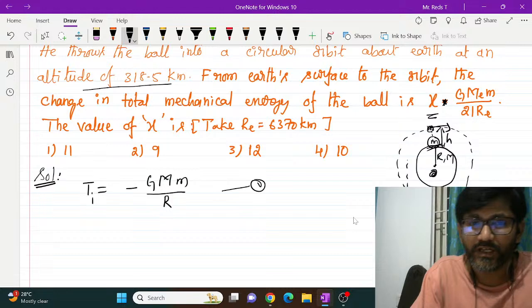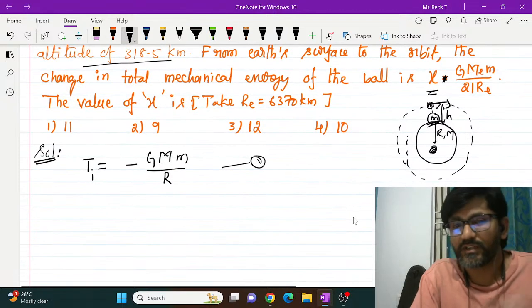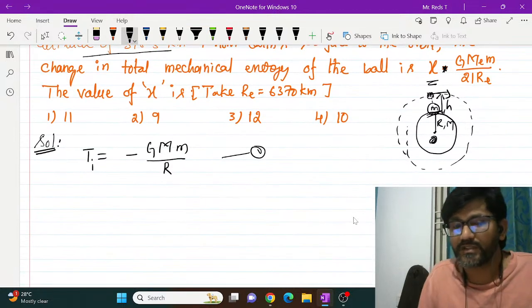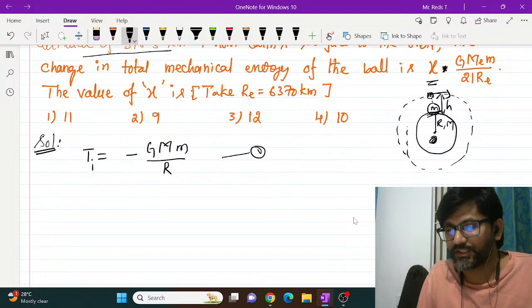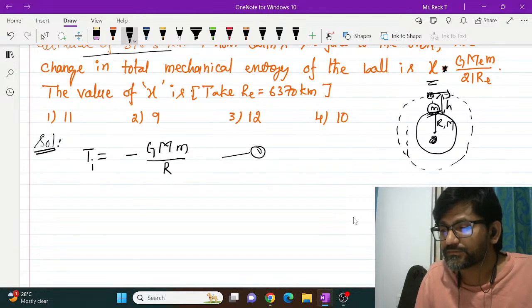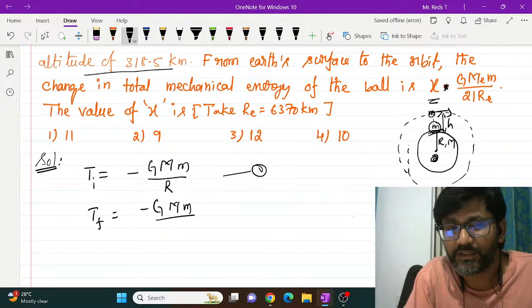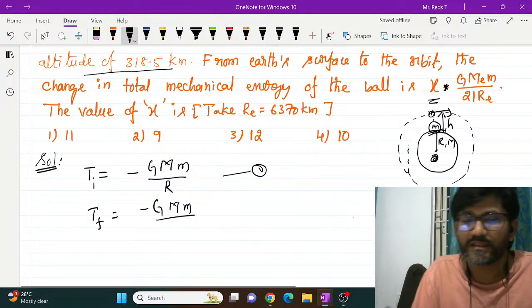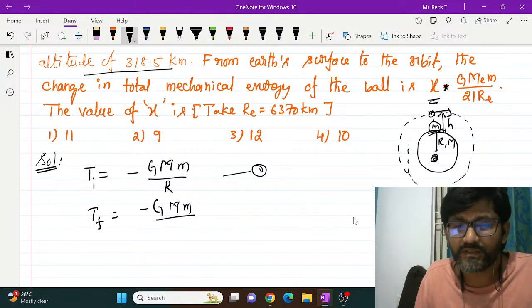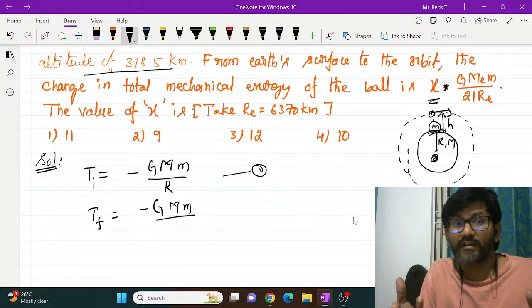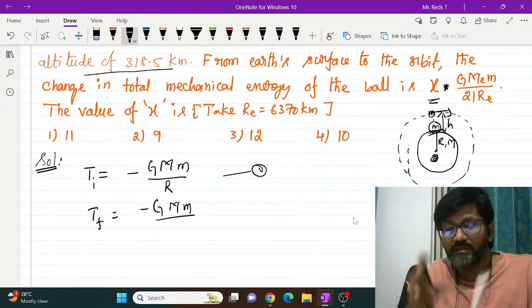When it is taken to a height of 318.5 kilometers, that means to a height of h, the radius of the orbit becomes capital R plus h. For calculation purposes you should take it this way, based on your practice.